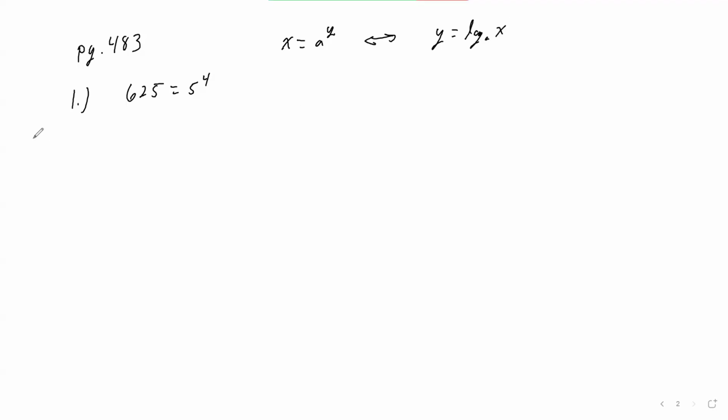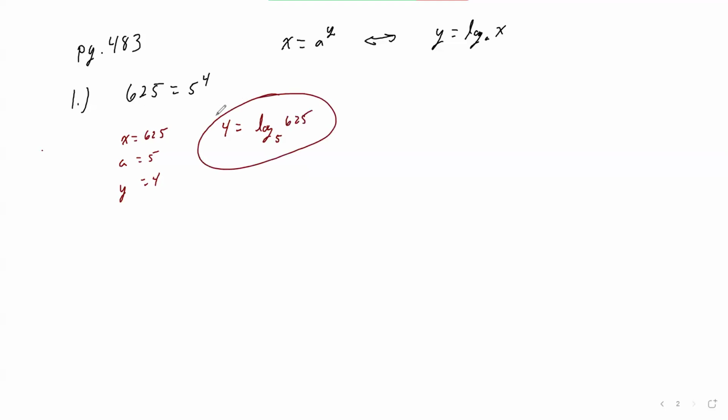So when I'm looking at this, I'm basically stating that x is equal to 625, a is equal to 5, and y is equal to 4, because that's my x, that's my a, that's my y. Take that, rewrite it. So this will now become 4 equals log base a, which is 5, of x, which is 625. And that's all you have to do at the very beginning.